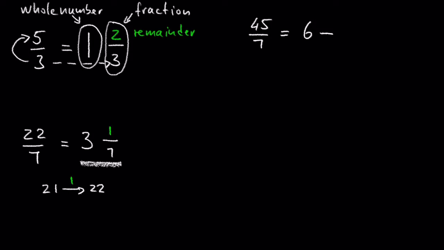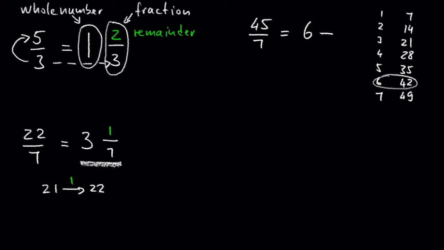You can also make a list of the multiples of 7: 7, 14, 21, 28, 35, 42, 49. 7 times 7 is 49, which exceeds 45. 6 times 7 is 42.